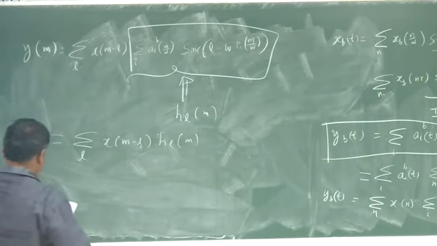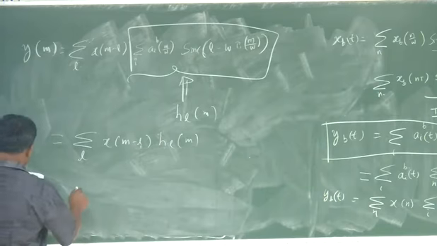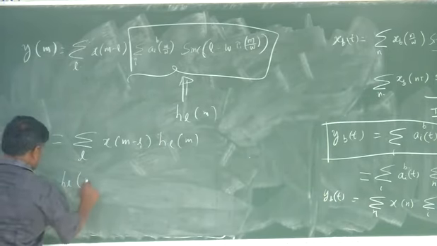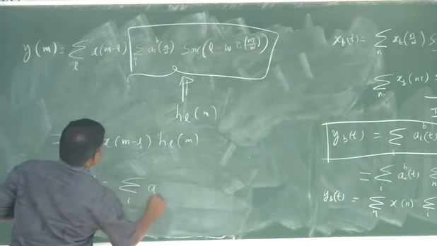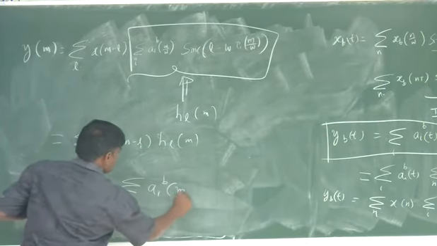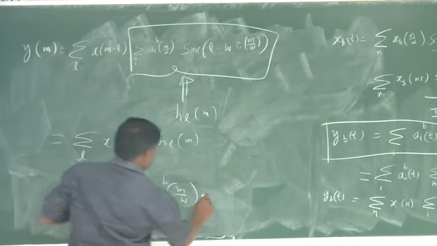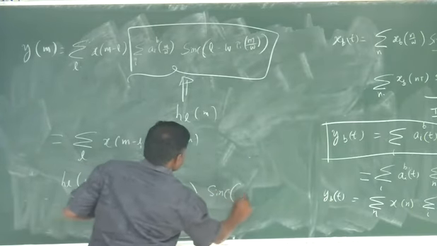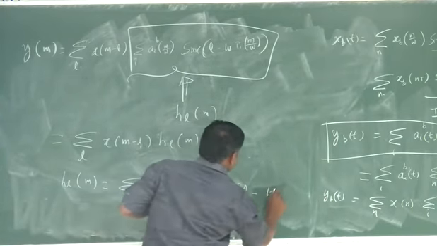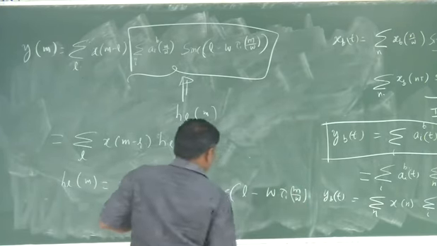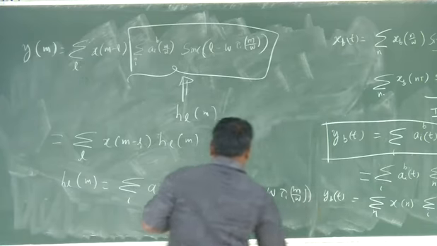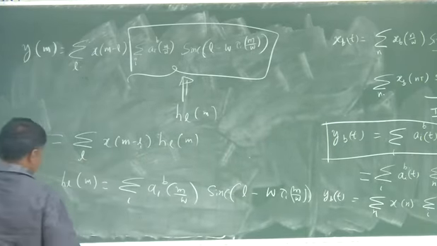Where H_L of m is equal to summation over i a_i b of m by W sinc L minus W into tau_i of m by W. We're going to make this look a bit more simpler in the end.